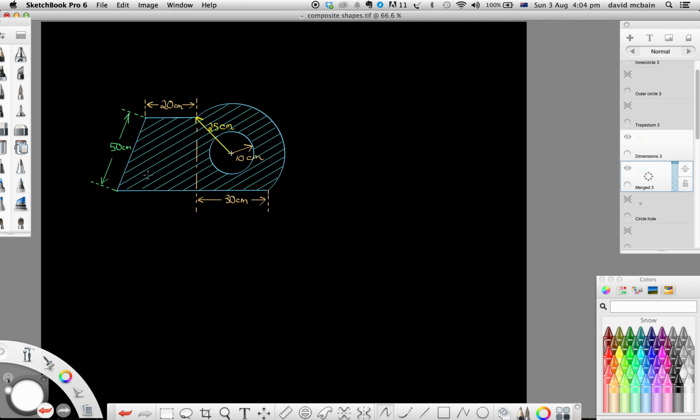So the first step, like all the other composite problems, is to identify what the basic shapes are in this problem. Hopefully you may have recognized that the shapes were, firstly, a trapezium.